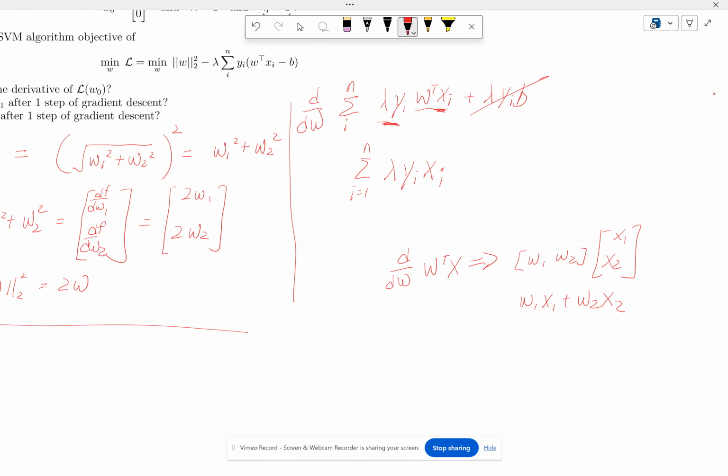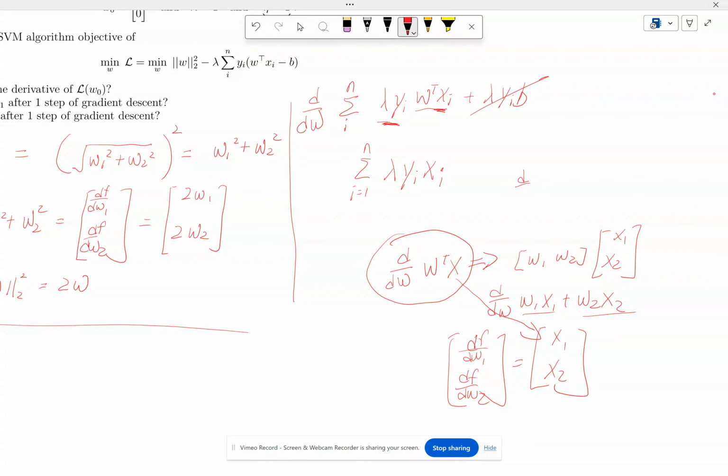Now you take the derivative with respect to w, which is df dw1, df dw2. If you take the derivative with respect to w1, you just get x1, and with respect to w2, it's just x2. This is why you end up getting x.